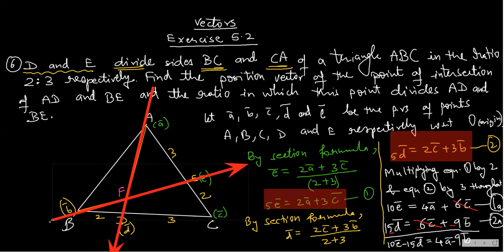So if I'm working on AD and BE, what should I try? I should try to get A bar and D bar together. You see this? I should try to get A bar and D bar together, E bar and B bar together. You understand?